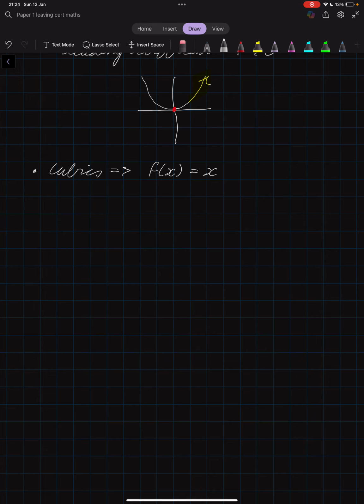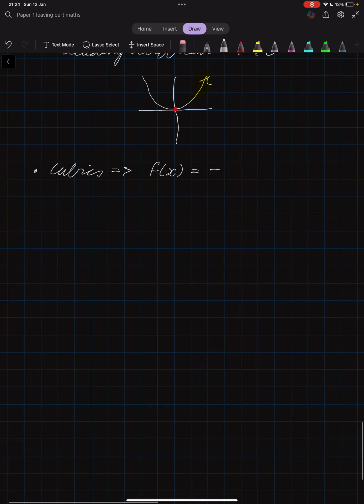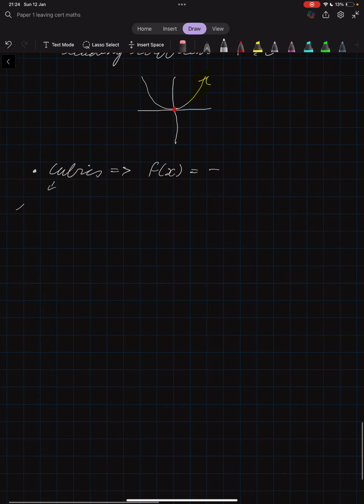And cubics have 2 turning points. f of x equals minus x cubed plus 7x squared plus 1000x minus 3.